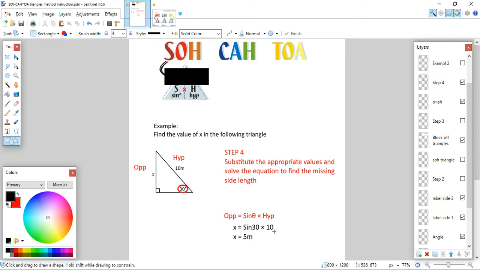So I've substituted all of those things in and I do my calculation, which is sine 30 times 10. And on the calculator, that gives me 5. Now don't forget to make sure you do check the unit of measurement. We're looking at meters. You do need to write that in your answer. So 5 meters is our missing side length.